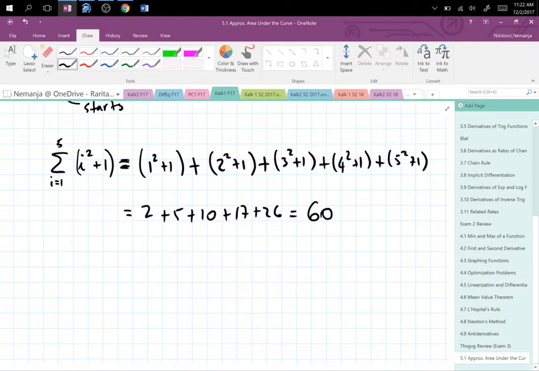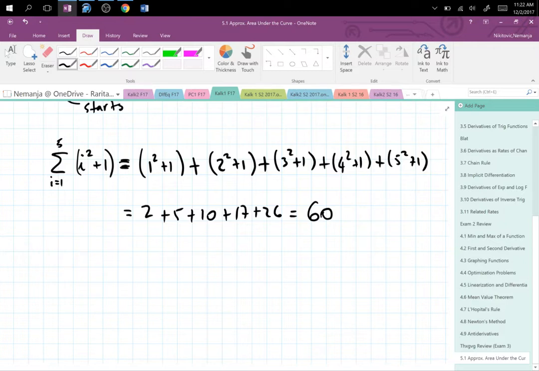Right? 43, 45, 50, 60. Good. So summation symbol just means keep adding the terms over and over and over again.